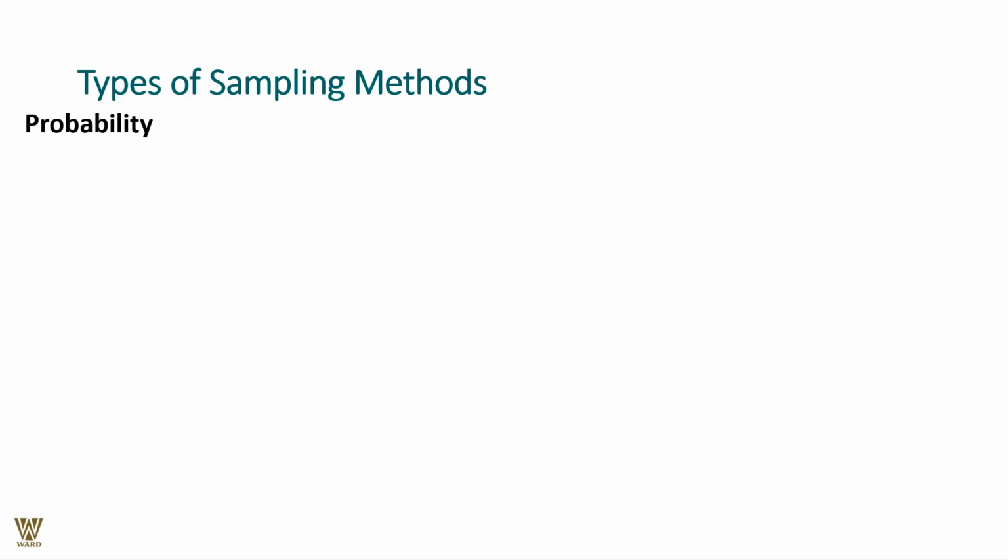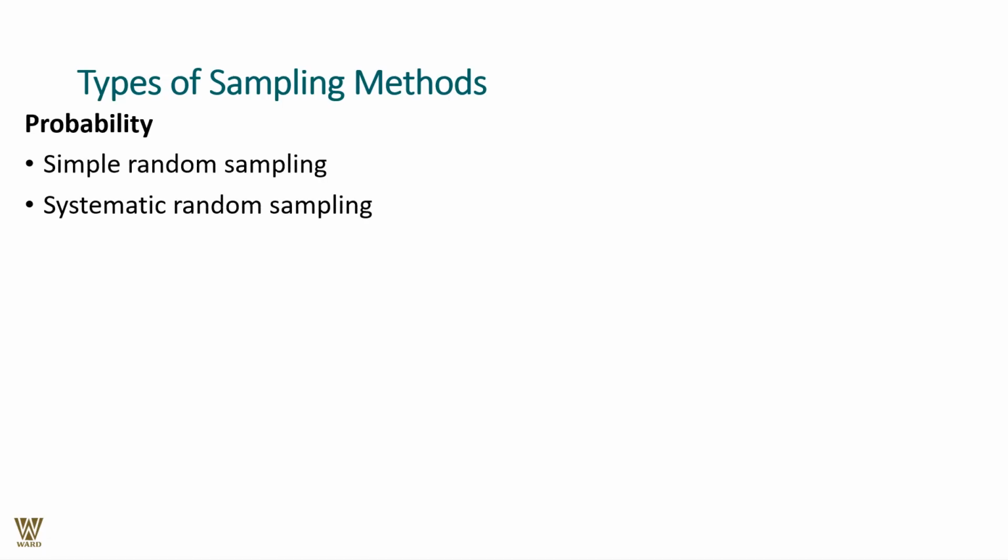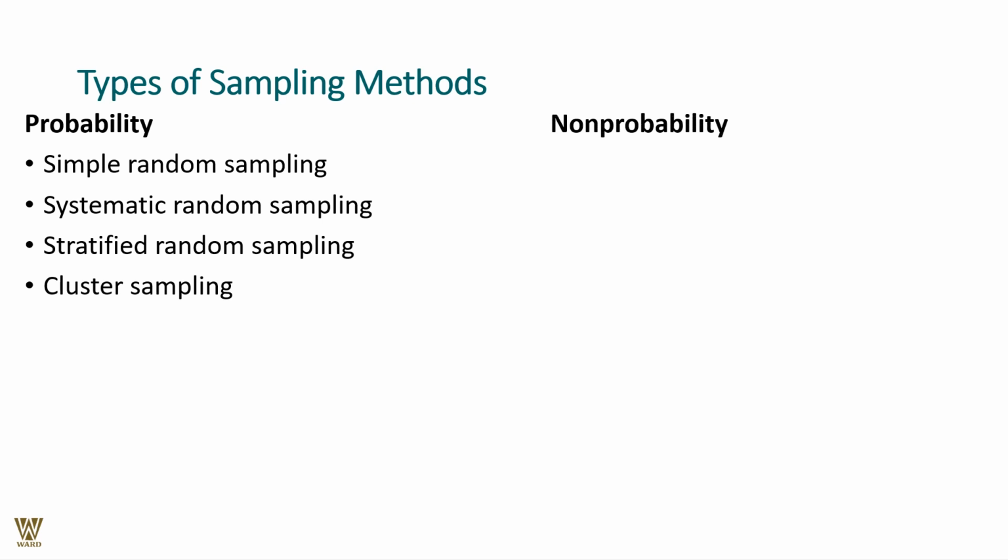Types of probability sampling methods: simple random sampling, as in metropolitan, urban, rural. Systematic random sampling. Stratified random sampling, taking it after every regular interval. Cluster sampling, from every cluster that we want to go around.